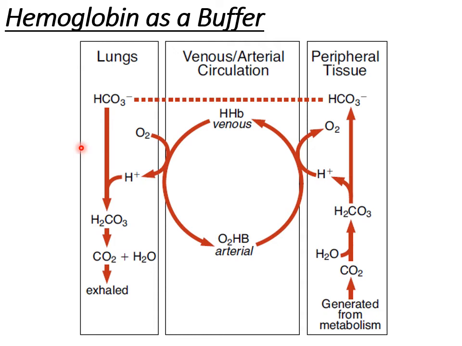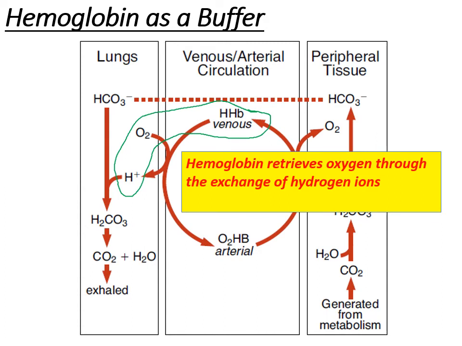So, next, hemoglobin as a buffer. Diba? Hemoglobin is also part of your plasma protein. So, paano niya ginagawa yan? So, bago ang process na yan, no, yung ating deoxyhemoglobin, yung wala pang oxygen, will exchange the hydrogen from the hemoglobin for the oxygen.